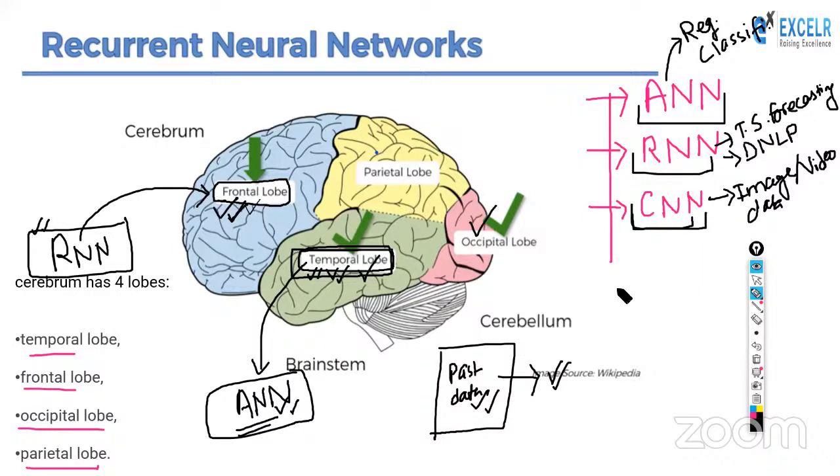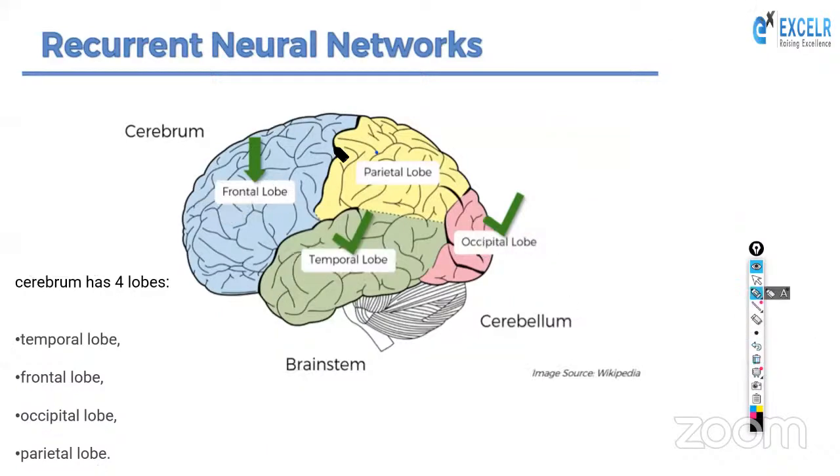So CNN functionality can be linked with the occipital lobe functionality, where we analyze images or videos. This is how you can link different types of neural networks with the functionality of our brain's parts. So the temporal lobe is linked with the ANN, RNN is linked with the frontal lobe, CNN is linked with the occipital lobe. Now, apart from that, one part is left, that is something called the parietal lobe.